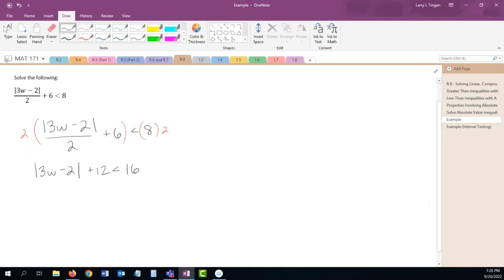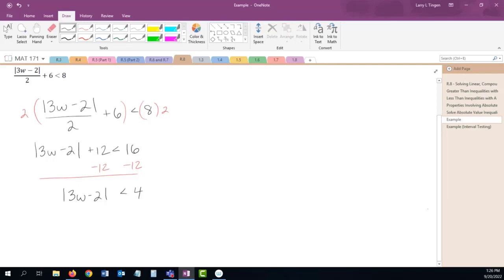And now this is a problem you absolutely know how to do. So let's subtract 12 from both sides. So you see how one technique from a while back and one new technique come together to get you what you need.